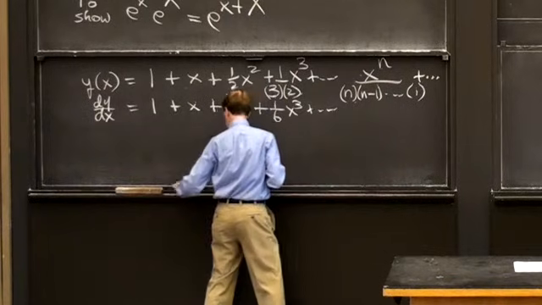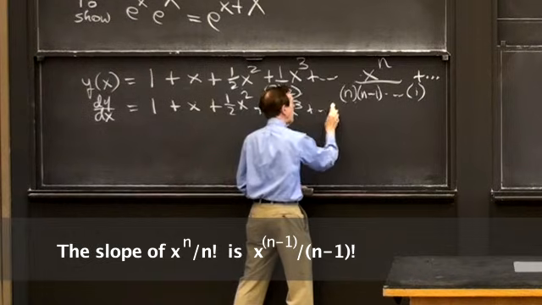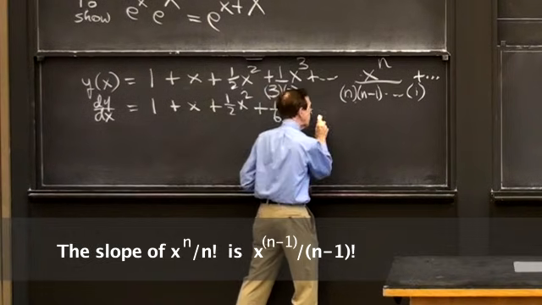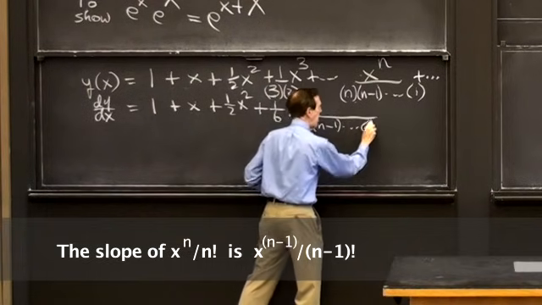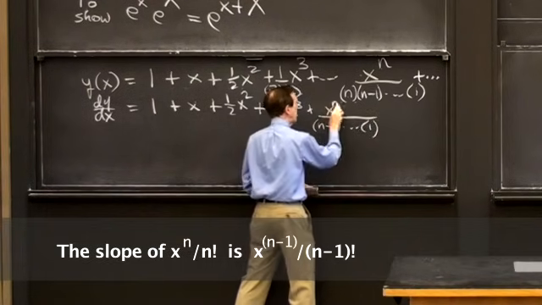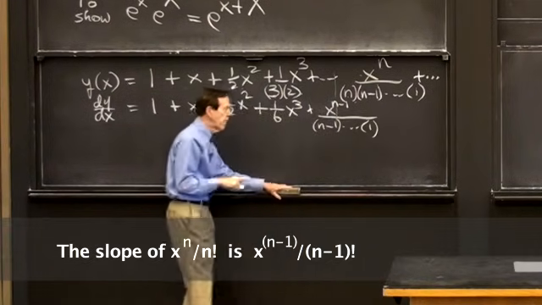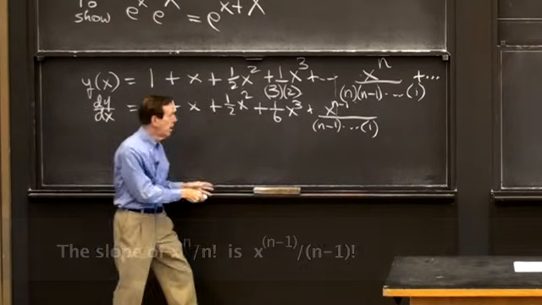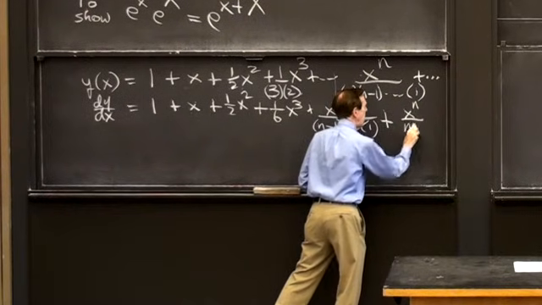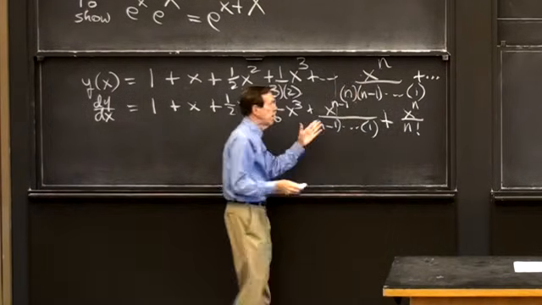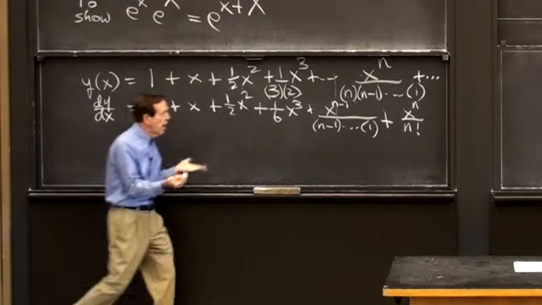I'll have 1 lower power. Do you see when I take the slope of this, the n will cancel the n, so I'll still have these other guys down below, and I'll have x to the n minus 1 over n minus 1 factorial. That will be the previous one. But now I have to add in the x to the nth over n factorial, because y and dy dx have to be the same, so I have to keep going.